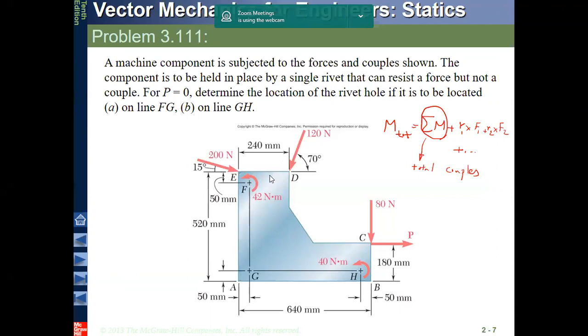What does this question want from you? It wants the location of the rivet hole. This rivet hole is not supposed to bear any moment.